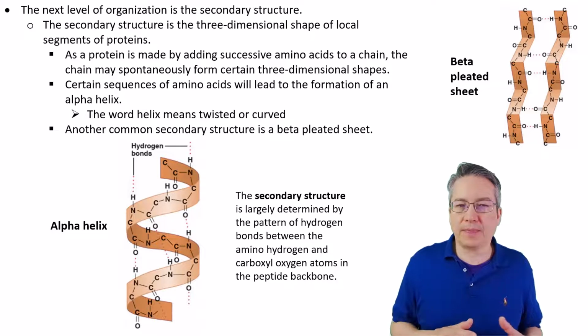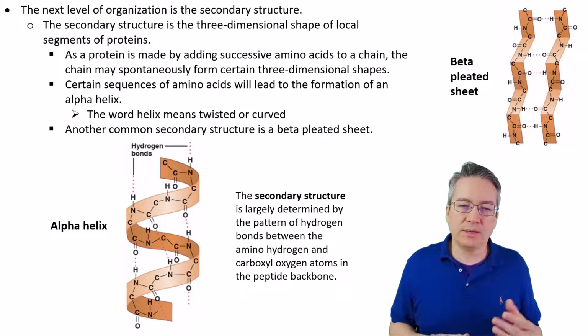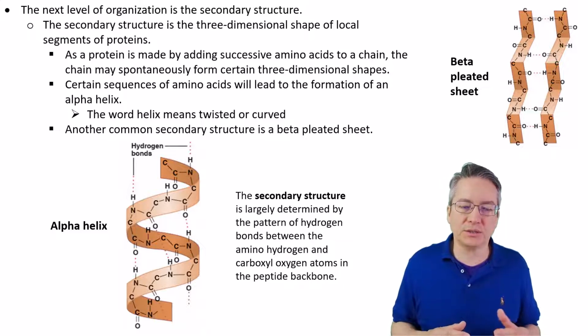If we look at the alpha helix, well, what's causing the alpha helix? Well, one of the major forces that causes the alpha helix is a pattern of hydrogen bonds between the amino hydrogen and carboxyl oxygen atoms within the peptide backbone.